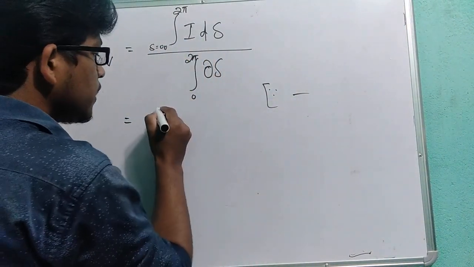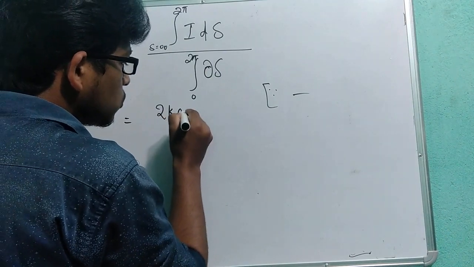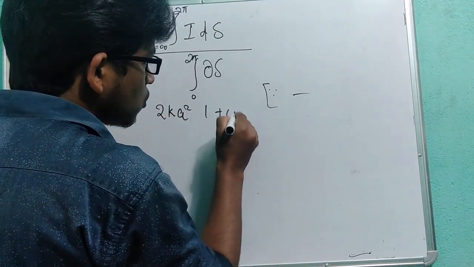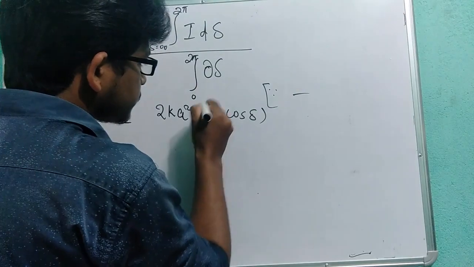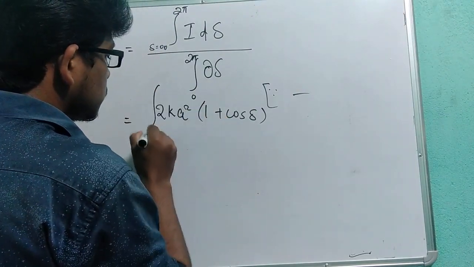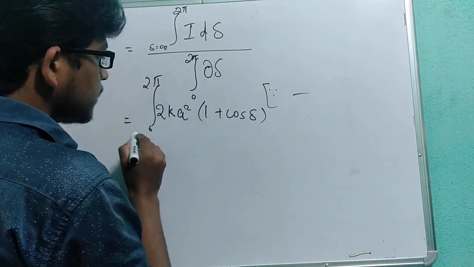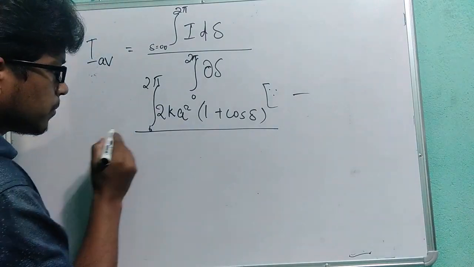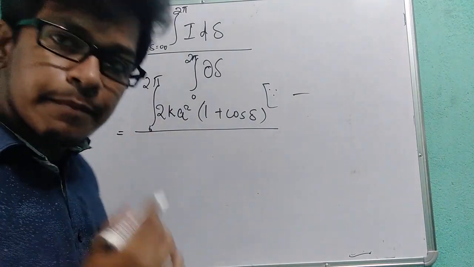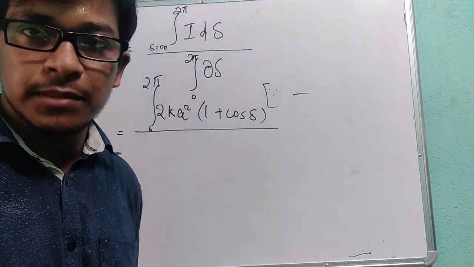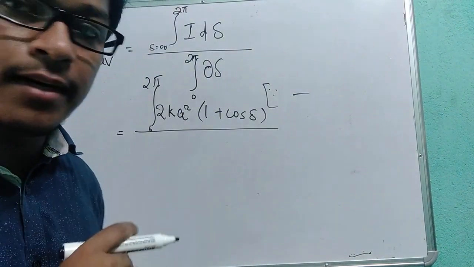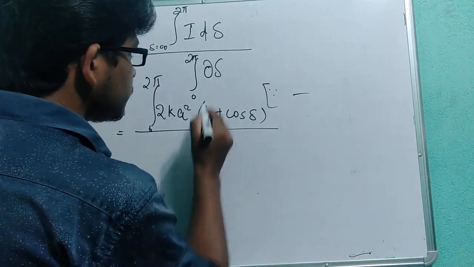So what was the I? 2ka square into 1 plus cos delta. Same limit. I think you are very strong in integration. If not, go back to +2 mathematics and practice integration and derivatives. These two are very important.